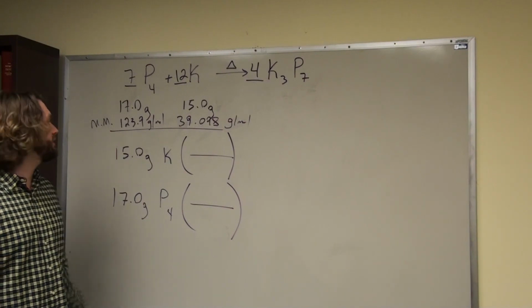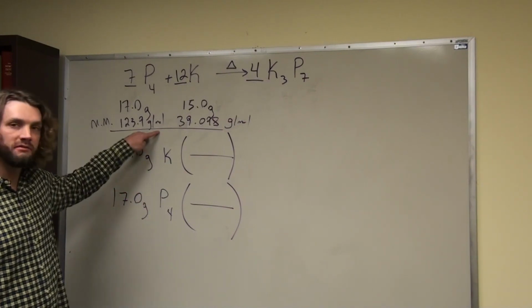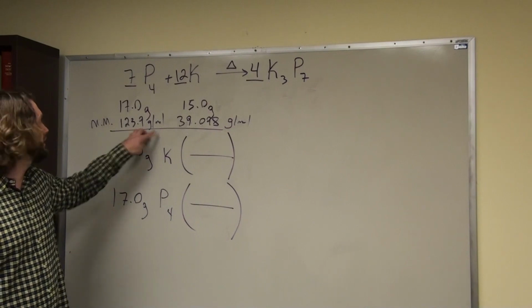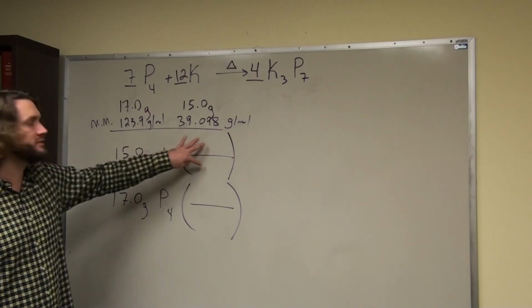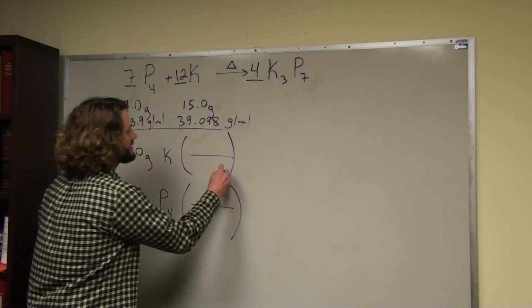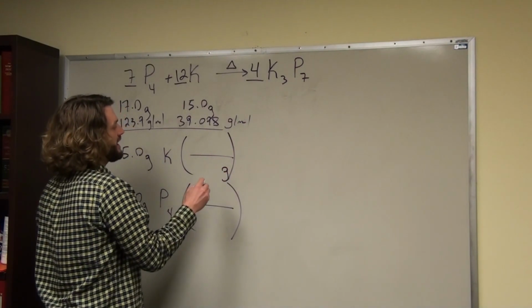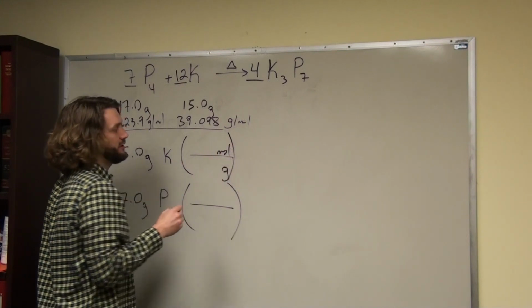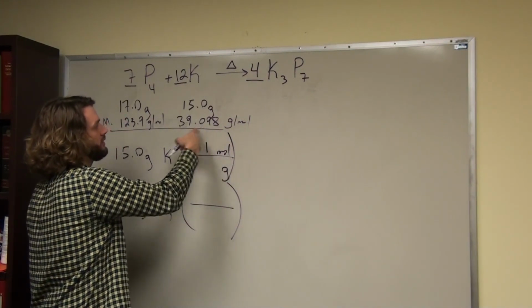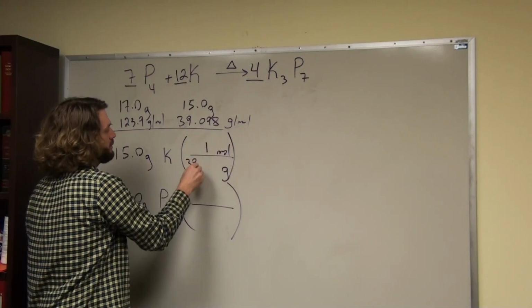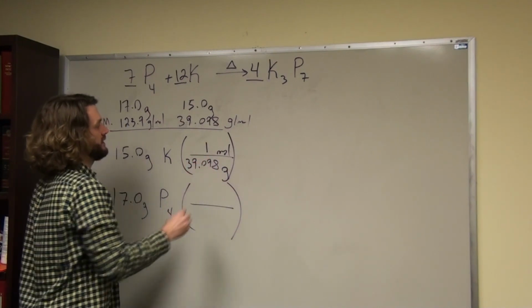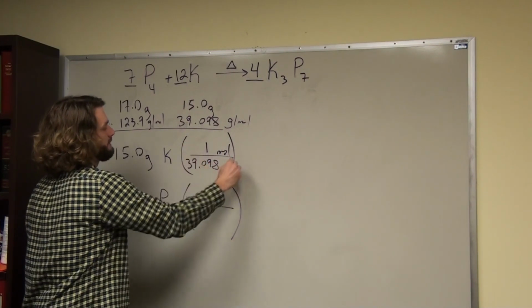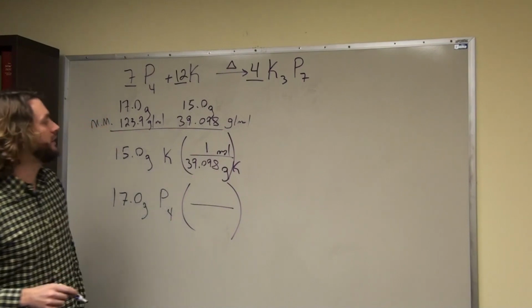Okay, so now we can use these molar masses as conversion factors between grams of potassium and moles of potassium. So here we just set up our brackets to have grams of potassium in the denominator, moles of potassium in the numerator. And so for every 1 mole, there are 39.098 grams of potassium.